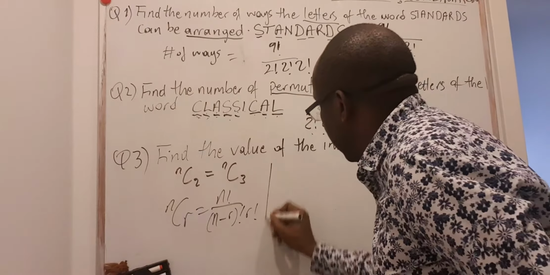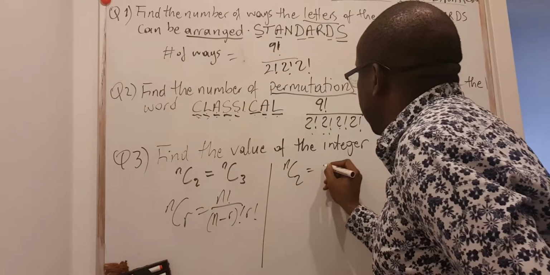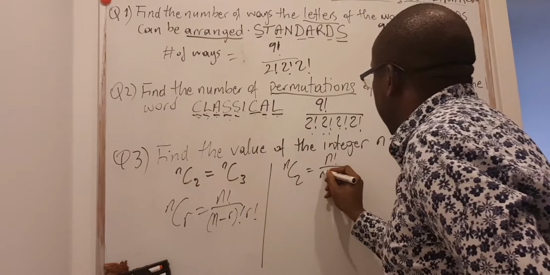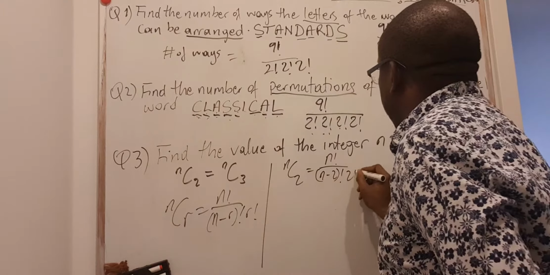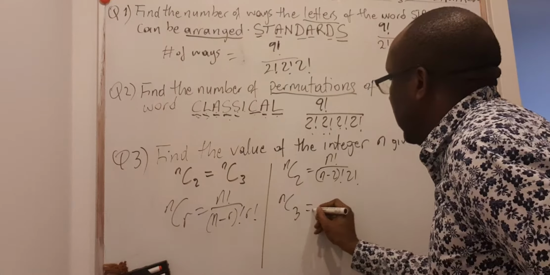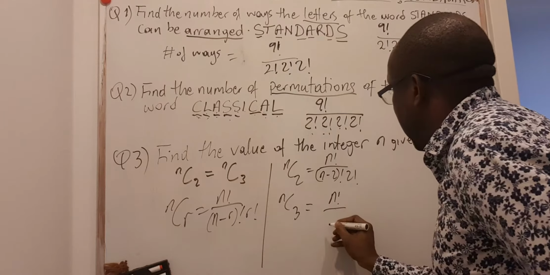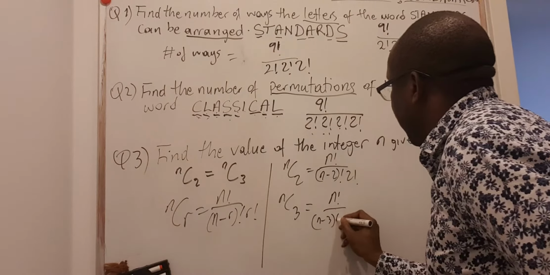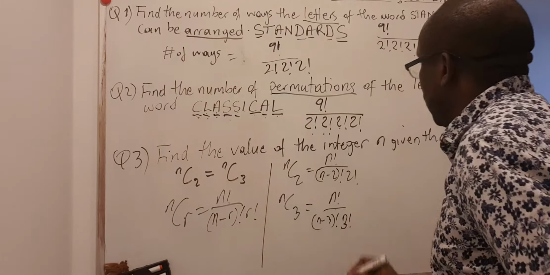So if I do that, then n combination 2 is n factorial divided by n minus 2 factorial 2 factorial. And n combination 3 is n factorial divided by n minus 3 factorial 3 factorial.